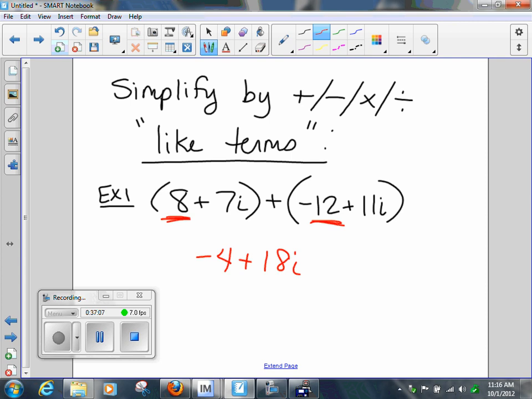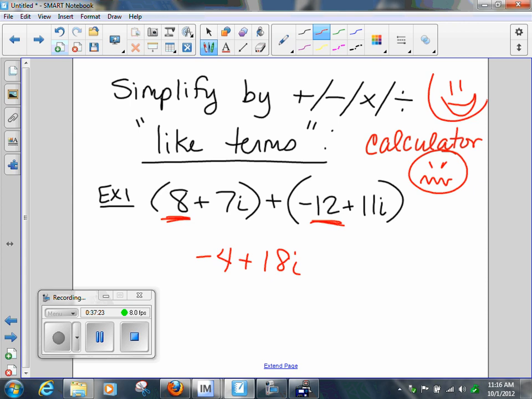Really? That's the way I feel about the calculator. This is the way you feel about the calculator. This is me. This is y'all.